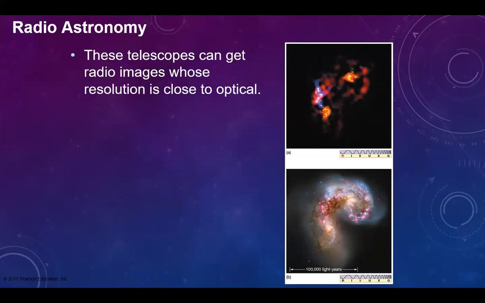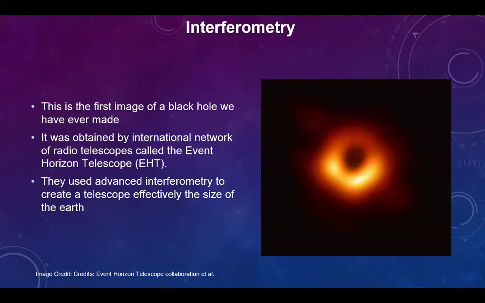And in fact, the most impressive piece of interferometry was the Event Horizon Telescope, which used an international network of radio telescopes around the world, where they recorded all their data onto hard drives, brought it all to one location, and did an enormous quantity of calculations at a supercomputer to combine it to create an image of a black hole.